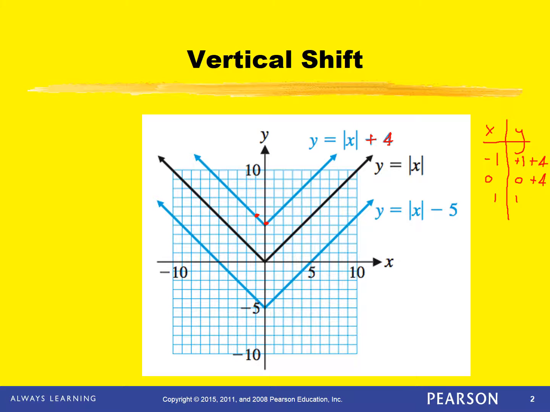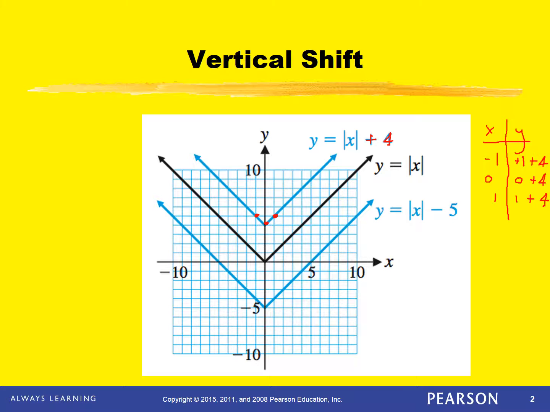And 1, 5 is going to be on the graph of the shifted version.